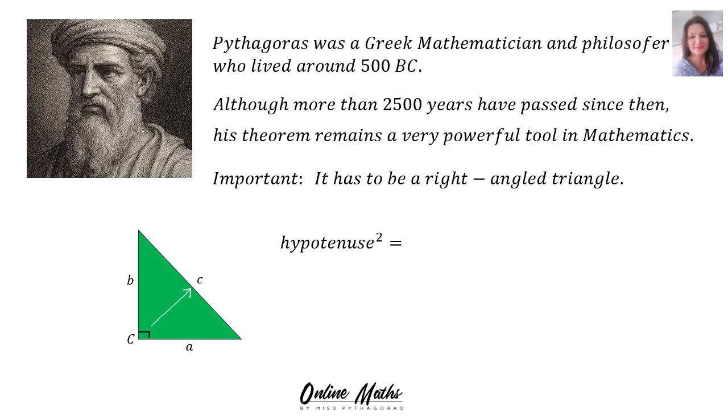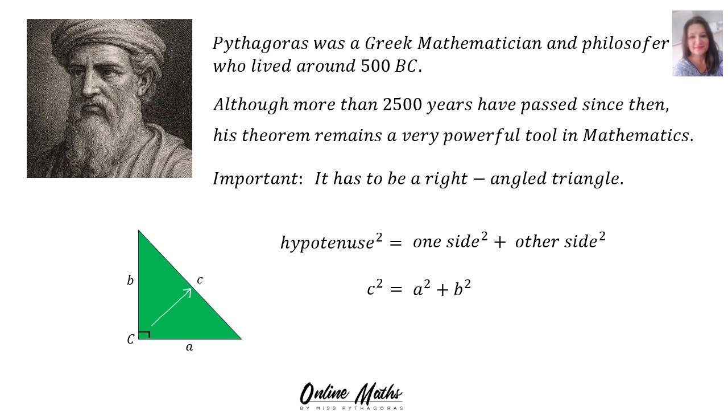So the theorem says the hypotenuse squared is equal to one side squared plus the other side squared. And this is always where we will start when we deal with the theorem of Pythagoras. And then in our little sketch, we can say c squared is equal to a squared, the one side, plus b squared, the other side.